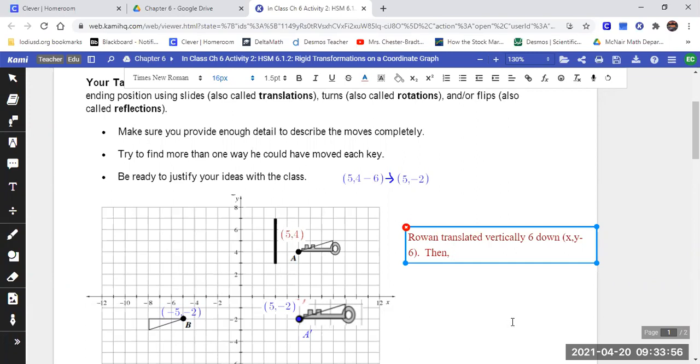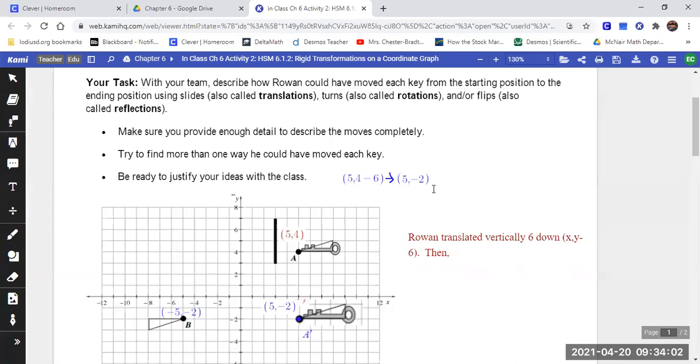So if we were going to reflect, are we reflecting left and right, or are we reflecting up and down? Left to right. So when we reflect left to right, we look at what the X is that's halfway in between.